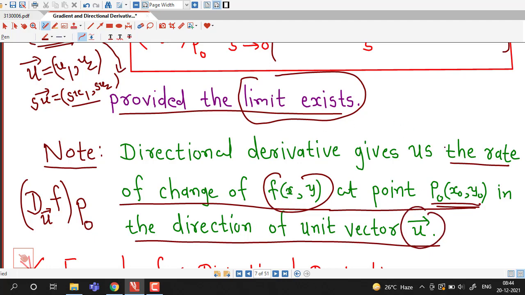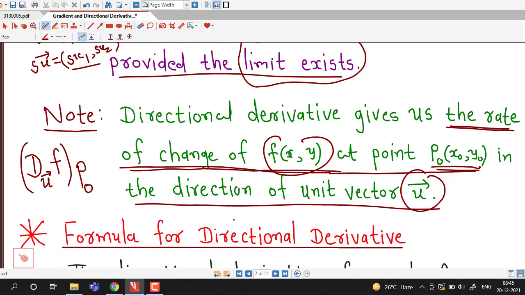So sometimes they can ask you the question of directional derivative in this way also. They can ask you that compute the rate of change of given scalar function at a given point in the given direction. So you must be familiar with this physical meaning also. So the directional derivative means rate of change of scalar function at a given point in the given direction.